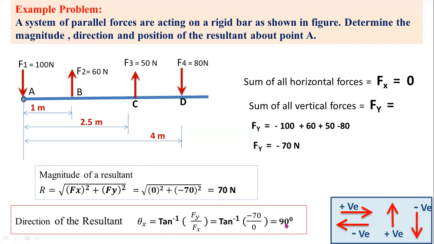That means the resultant lies along the y-axis. 90 degrees means the resultant force lies along the y-axis, and the negative sign means downward direction. So the resultant also lies on the vertical axis and acts in the downward direction.